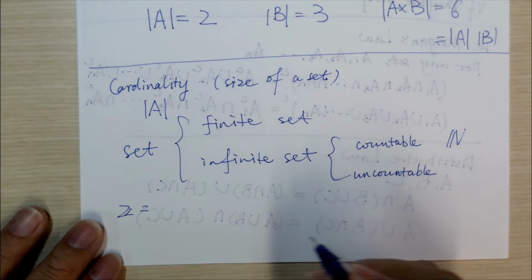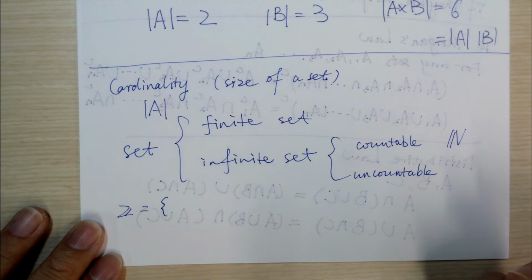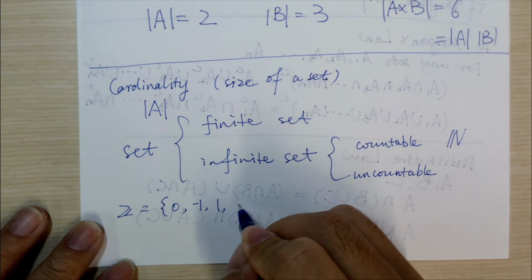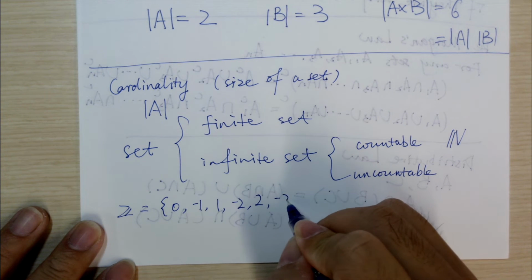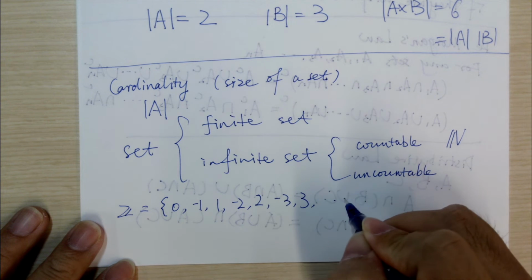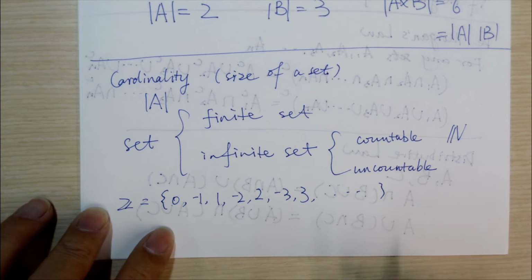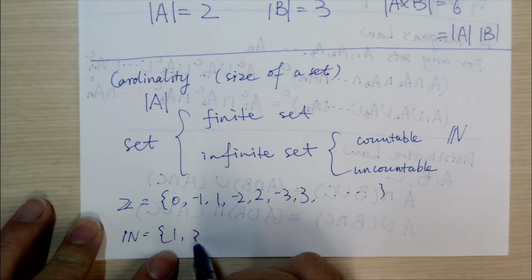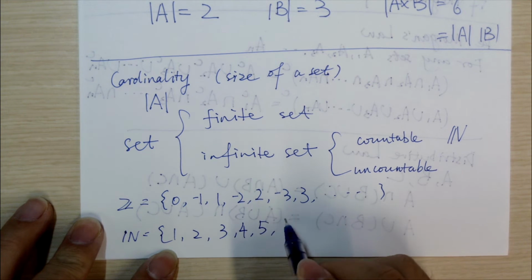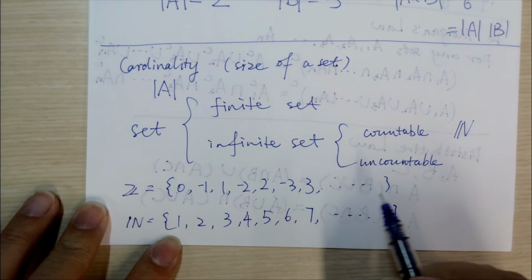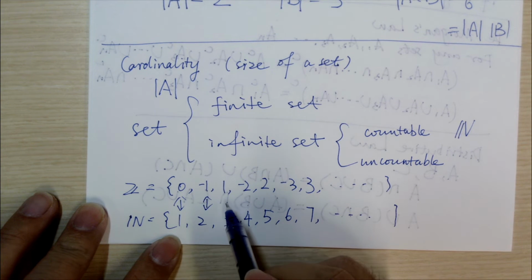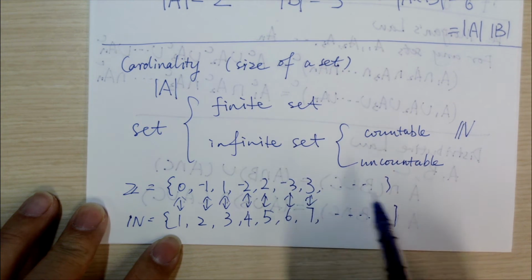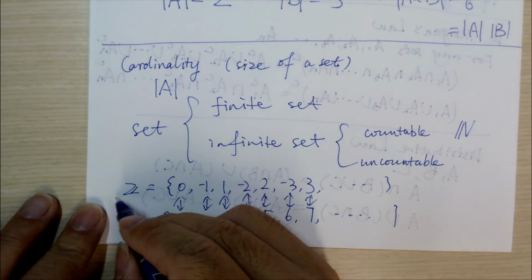Why? Because if we reorganize our integer set like 0, -1, 1, -2, 2, -3, 3, etc., do you agree that we can build a one-to-one correspondence to the natural numbers 1, 2, 3, 4, 5, 6, 7? So definitely this is countable.